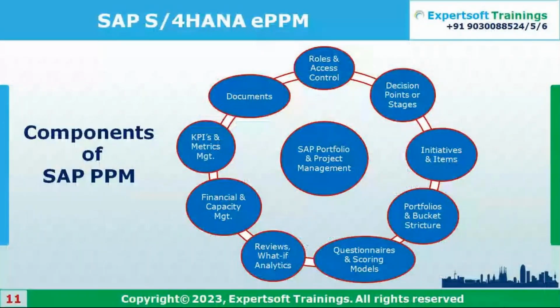The components of this ePPM or PPM are, basically, decision points, then initiatives or items, then portfolio buckets or bucket structures, then questionnaires and scoring models.